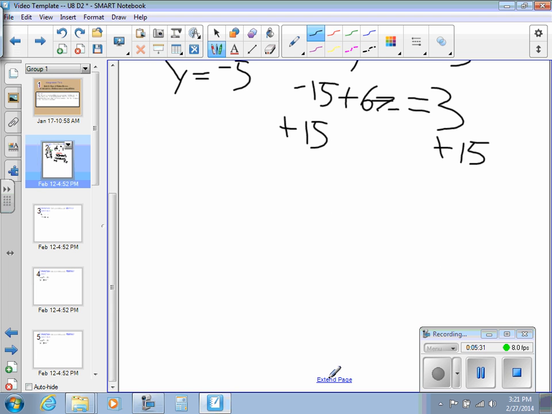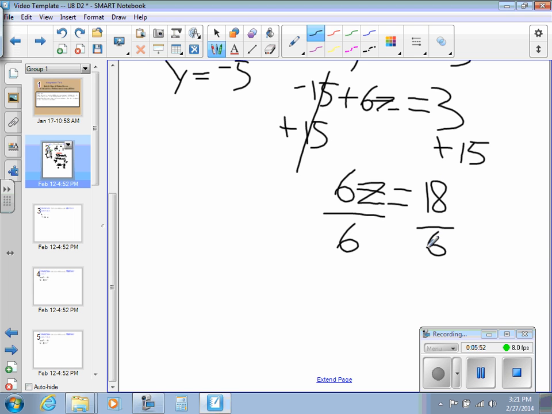When I do that, I will get these two canceling out, 6z left on that side equals, and 3 plus 15 is 18. Now I just need to divide both sides by 6, and when I do so, I will get z equals 3.